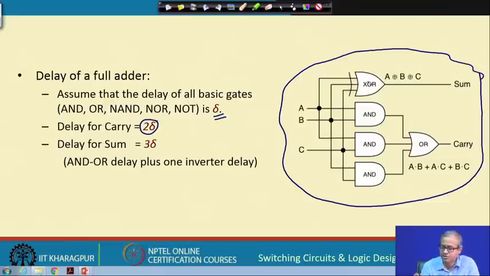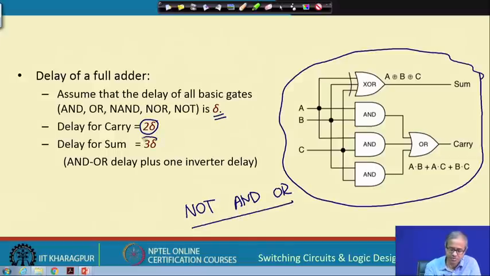And sum XOR, I said XOR can be implemented in 3 levels, first NOT, then a set of AND gates, finally OR gate. So, this will be 3 delta. So, the delay of a full adder you can calculate like this: carry will be generated after 2 delta, sum will be generated after 3 delta, right.